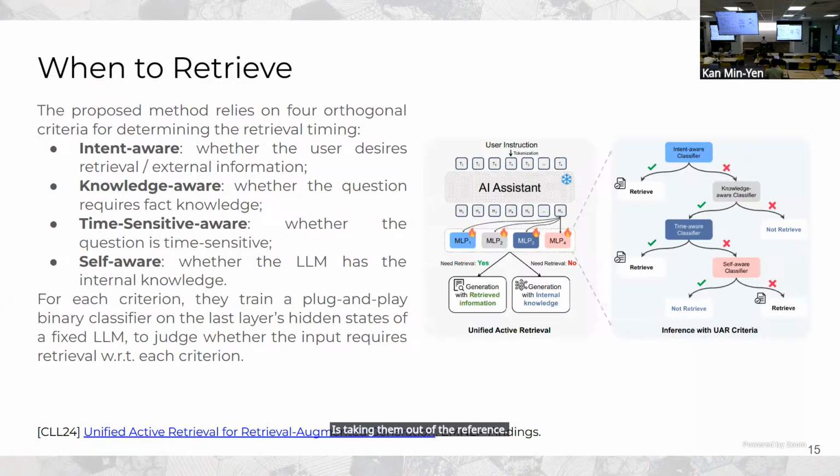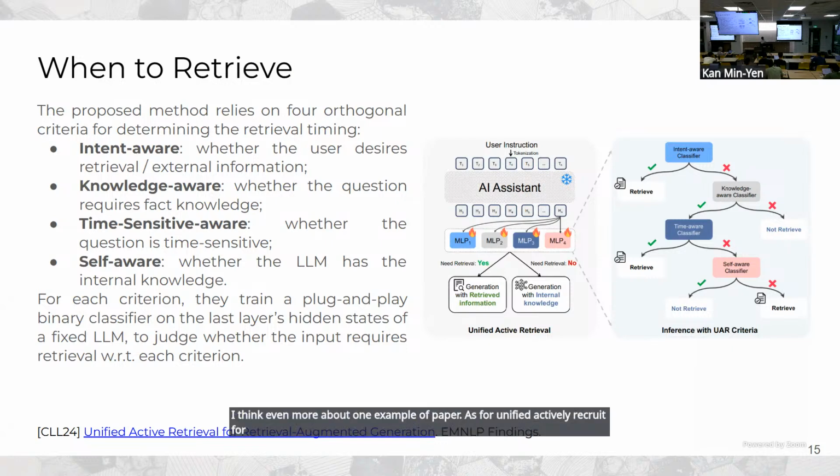Next, I will introduce a little more about one example paper, shown at the bottom: unified active retrieval for retrieval augmented generation.